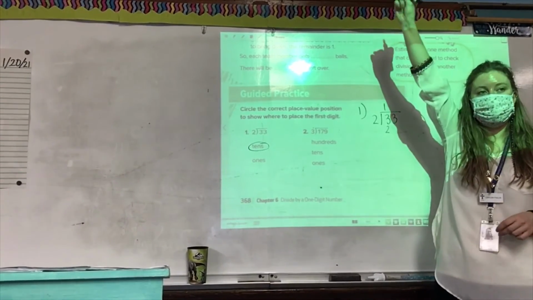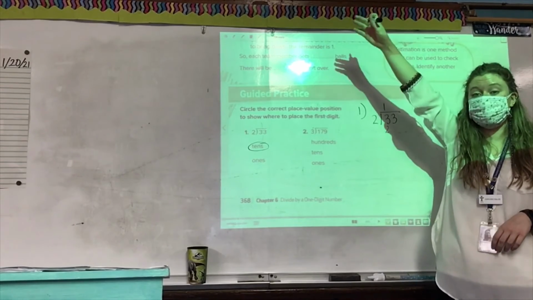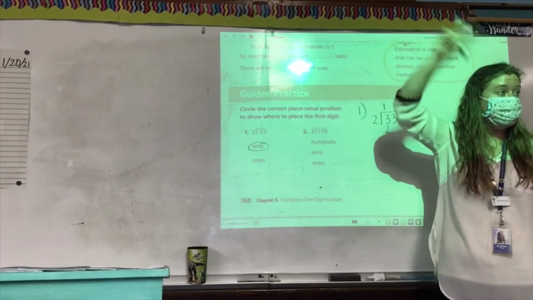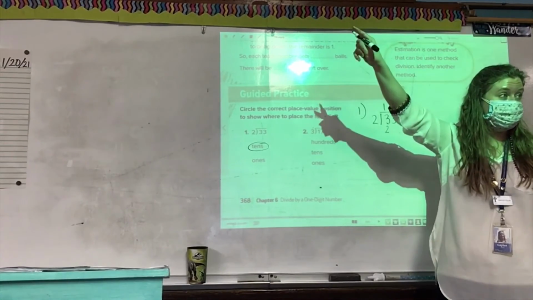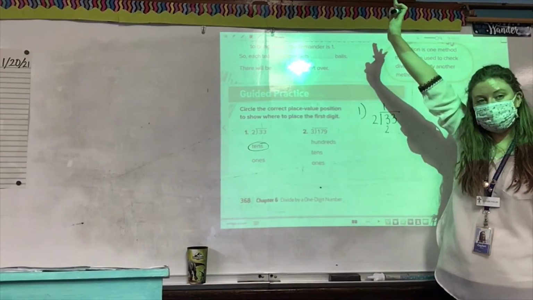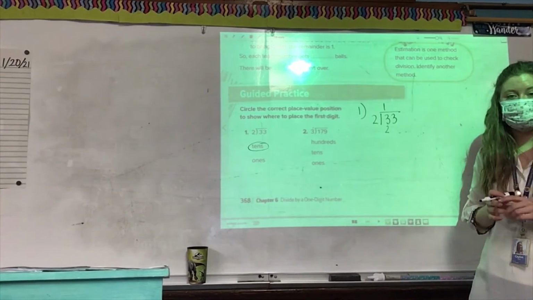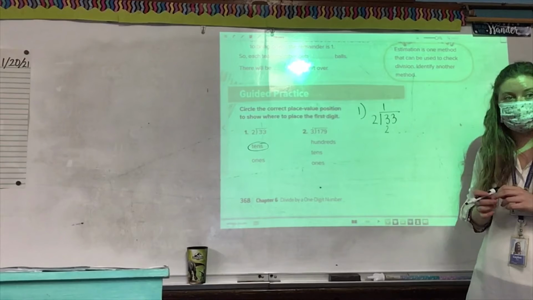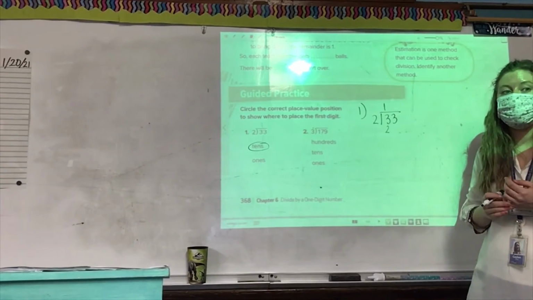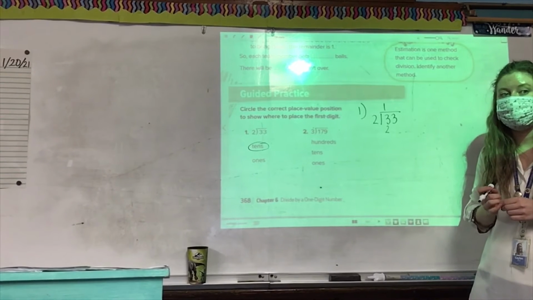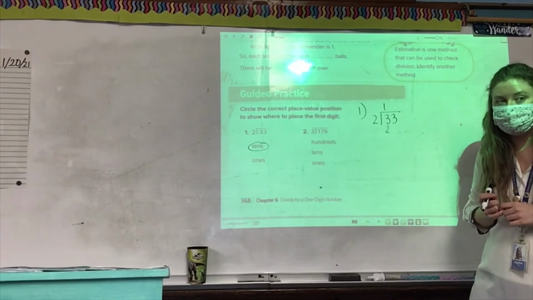Come on, guys. We have to say it the same way, especially with division and subtraction, because in division and subtraction, it matters what you say first. Somebody help her out. Cullen. We subtract the answer to our multiplication problem from the first digit of our dividend.